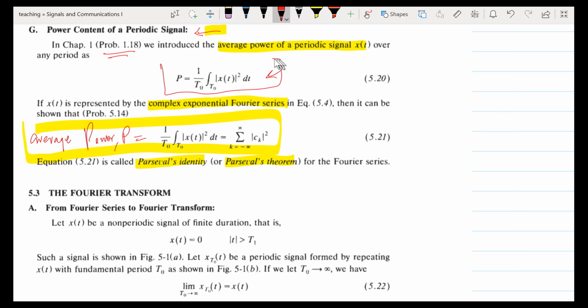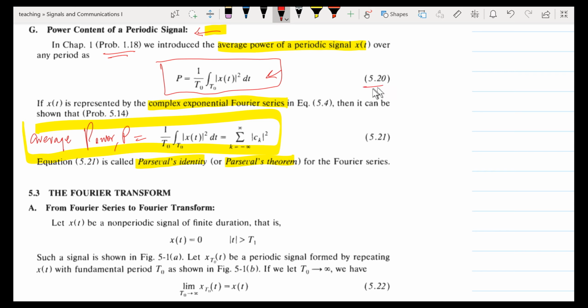So we don't have to go there. Over any period, power of a periodic signal can be evaluated as 1 over the period T0 multiplied by the integral over the entire period with respect to time.